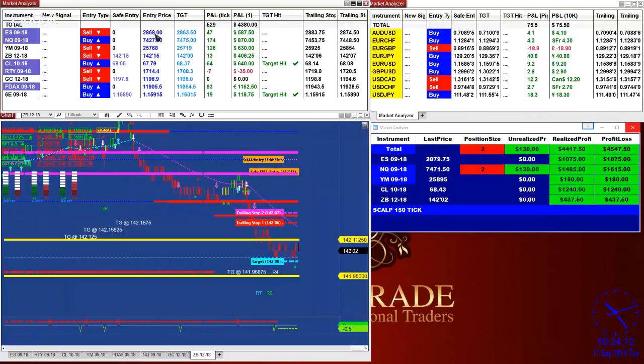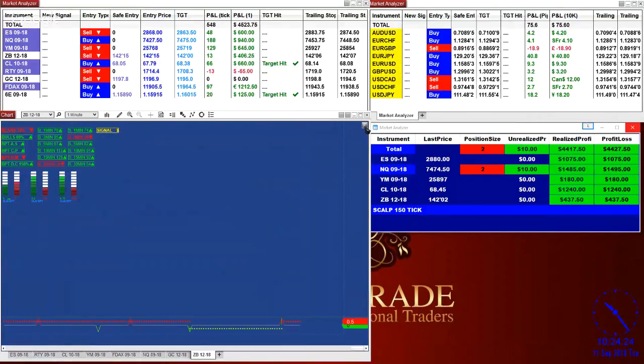As an example, you have 2868 on the ES, and the target is 2863, which did hit the target. The total from that target is 48 ticks from the signal, and then the total PNL for that trade.